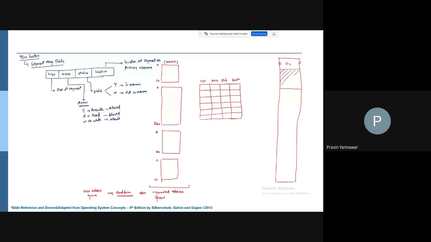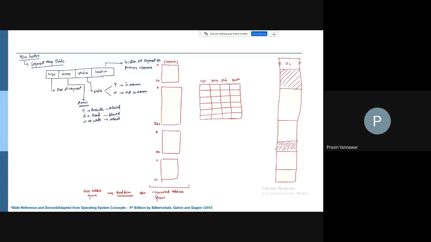Let us have this space as free space. Then we have this, then again some space free, then we have this. Let us try to have this kind of mechanism, so there is free space.